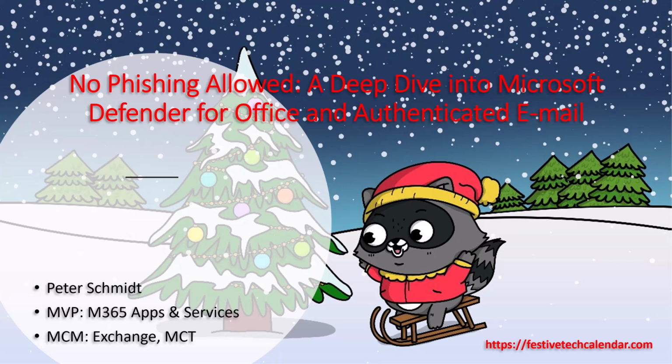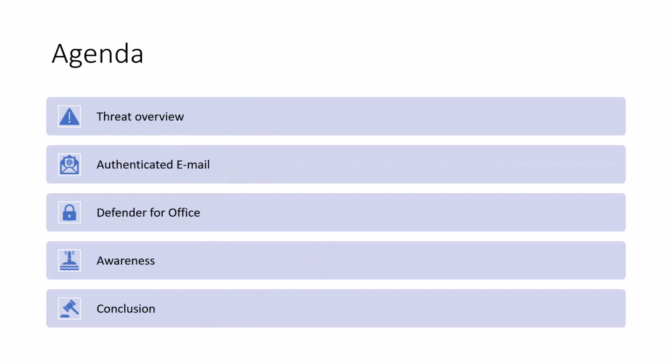I have the pleasure to talk about Microsoft Defender for Office and authenticated email. A little about what I'll be covering in this session in terms of email and email security.